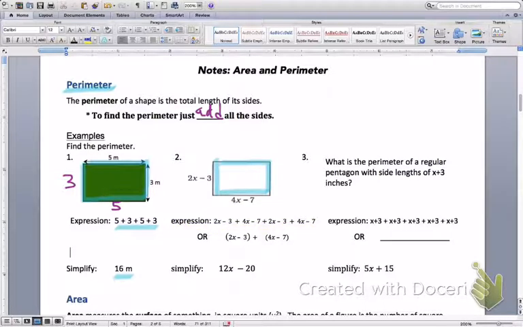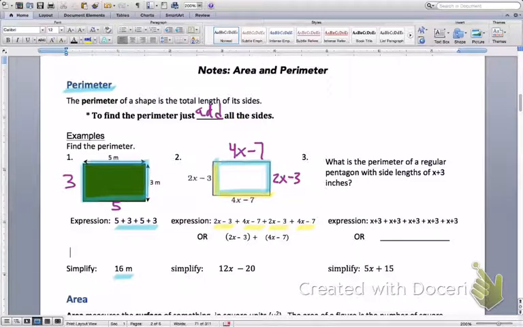We start off with 2x minus 3, which is the left side, 4x minus 7, which is the bottom side. Then we know that the right side is also 2x minus 3, and the top is also 4x minus 7, whether you choose to write it or not. And that's why we add 2x minus 3 and 4x minus 7 again. So we have 4 pieces that add up to our perimeter.